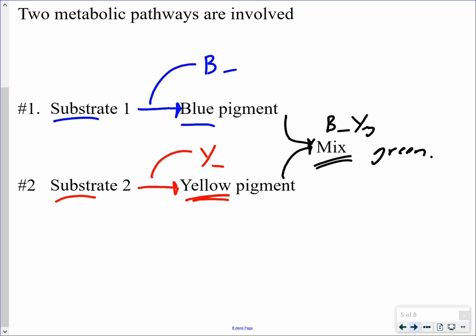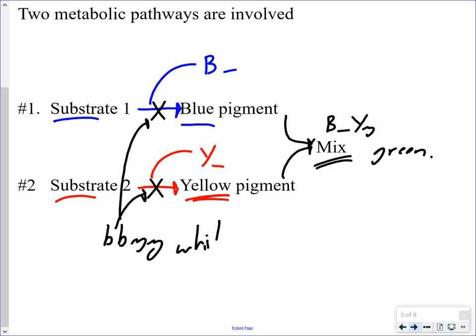So finally, how do we end up with the white coloration? Well, in the case of the white, what that means is there's no capital B, there is no capital Y, there are no instructions to make this enzyme, there are no instructions to make this enzyme, and if you can't make either of these enzymes, you can't convert the substrates into the products, the blue and the yellow pigmentation, so that's what results in the white coloration in those parakeets.